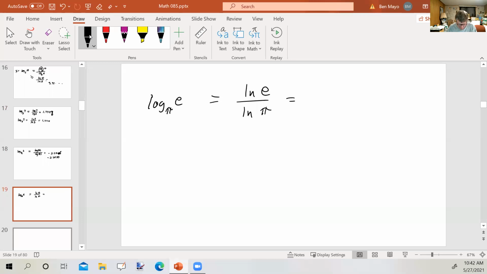On the calculator, the natural log of e, well, my scientific calculator doesn't have a button that just says e. So I've got the natural log, and then I had to use the second function key and get e to the x. So what am I going to put in there so that it's just e? Well, e to the 1 power would be e. So I'll put a 1 in there.